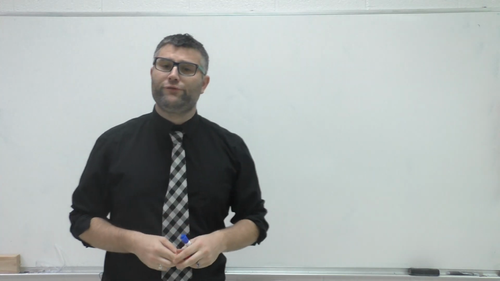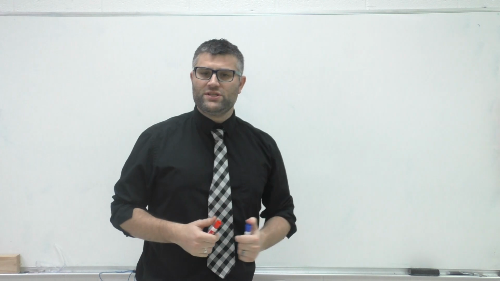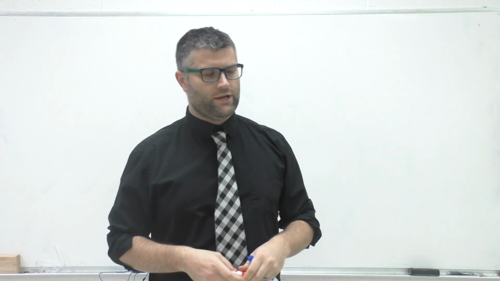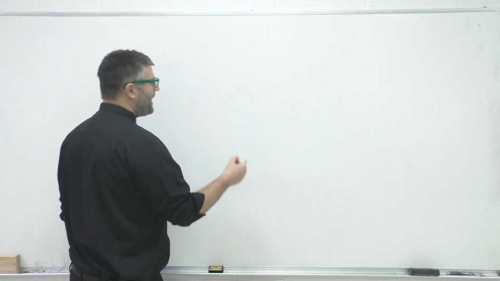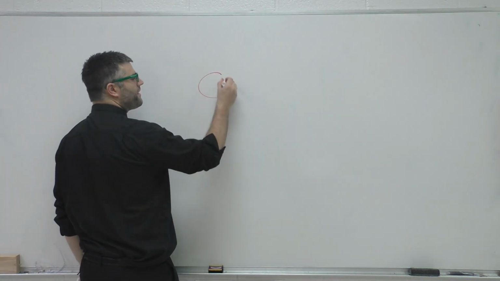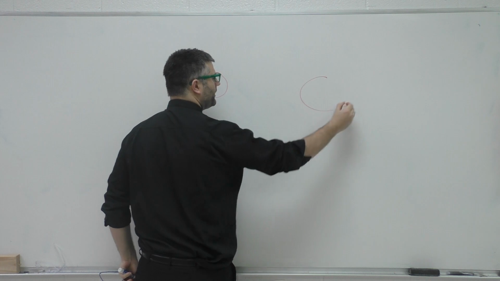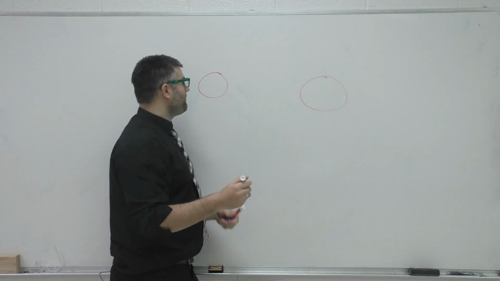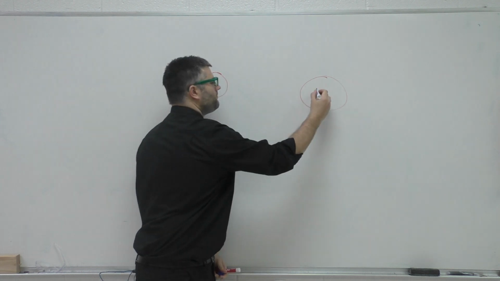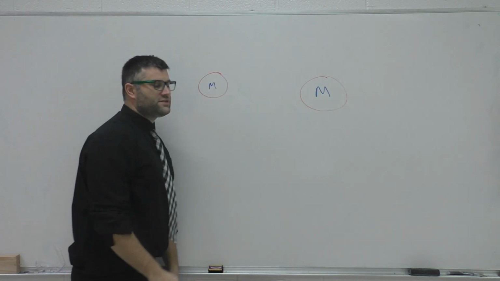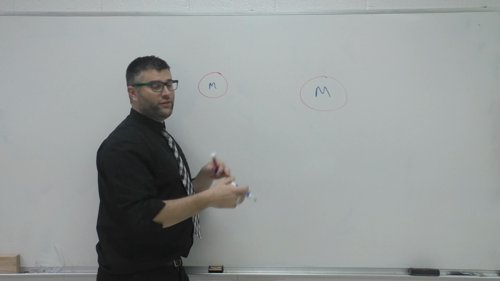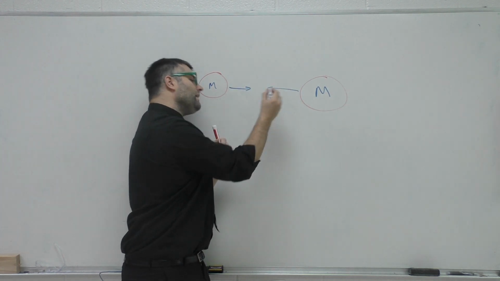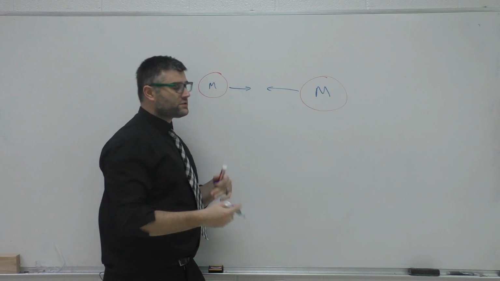So gravitational fields. In order to understand gravitational fields, we need to understand Newton's law of gravitation. Now Newton's law of gravitation effectively suggests that there is a force of attraction between two bodies of mass, and they attract each other, and the force of that attraction is directly proportional to the product of the masses.